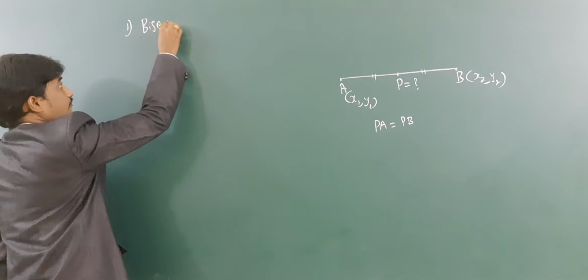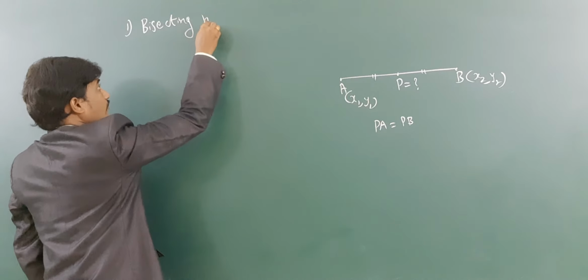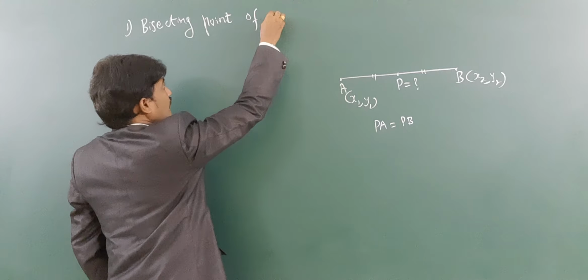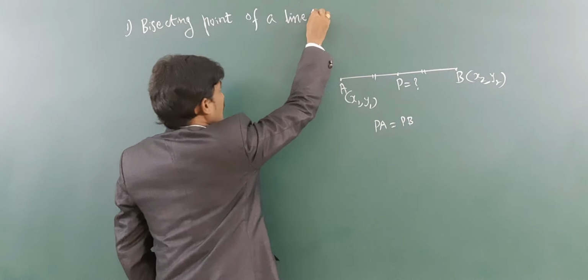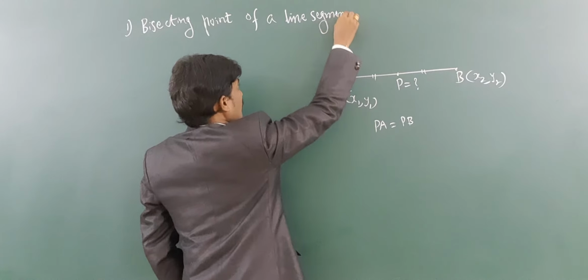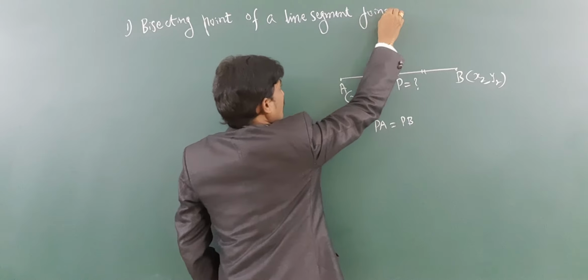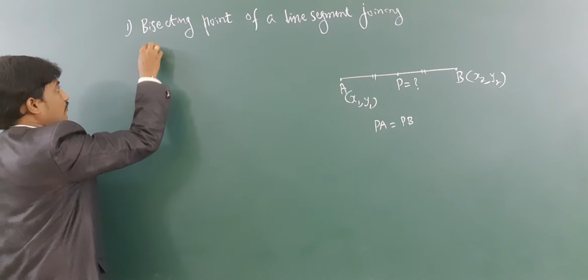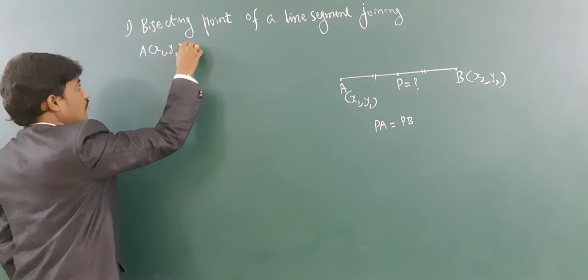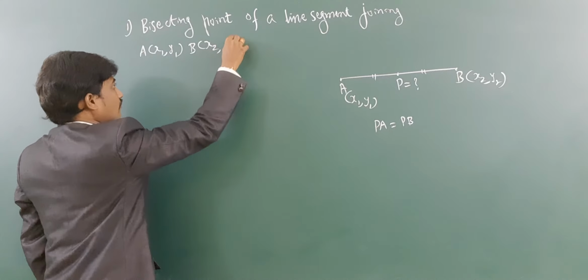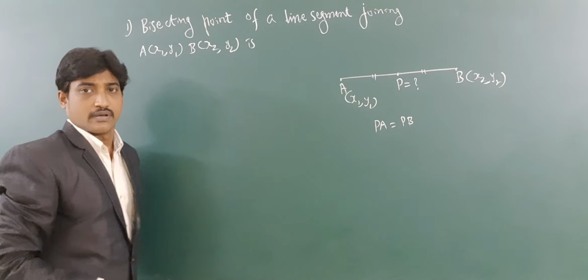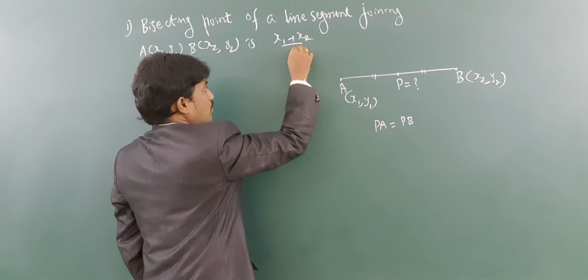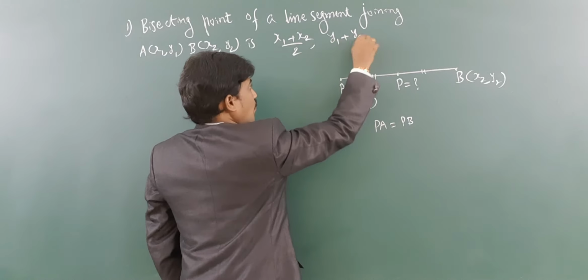Bisecting point of a line segment joining A(x1, y1) and B(x2, y2) is ((x1 + x2)/2, (y1 + y2)/2).